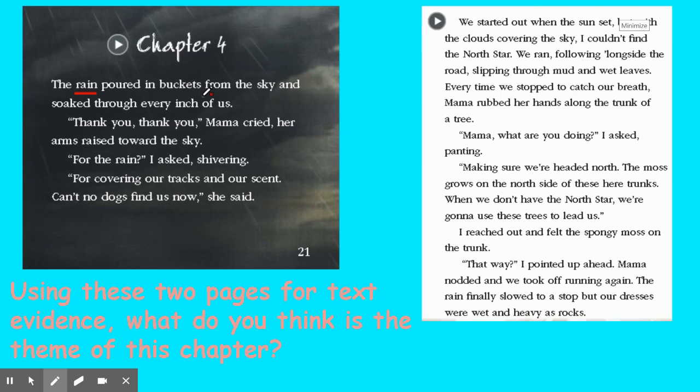It just means there's a hard rain. Okay? And we had that as a problem, but it resolved itself because it covers their tracks and their scent. Dogs can't find them. Think about the characters. What are they learning or how are they responding to these problems in this chapter? That's going to help you determine the theme of this chapter.